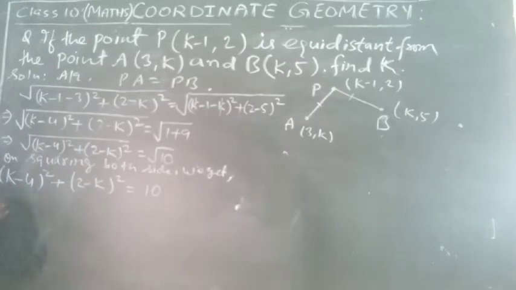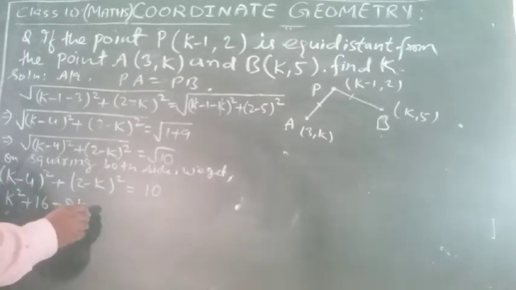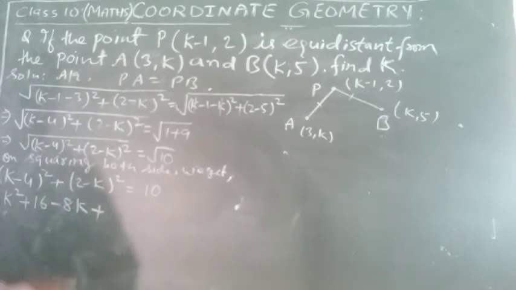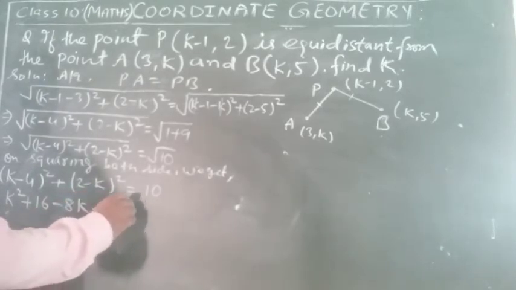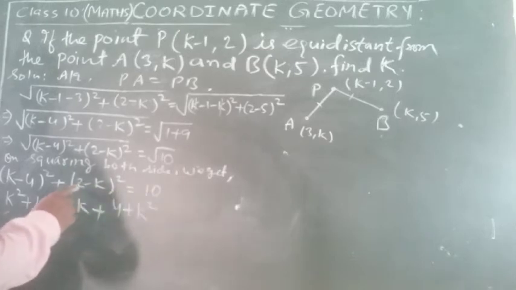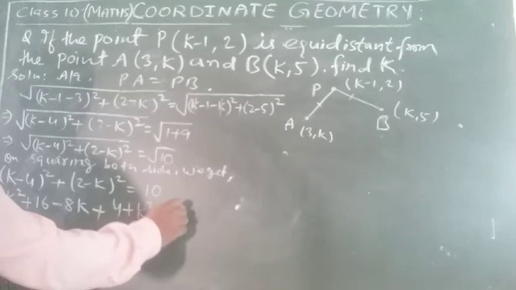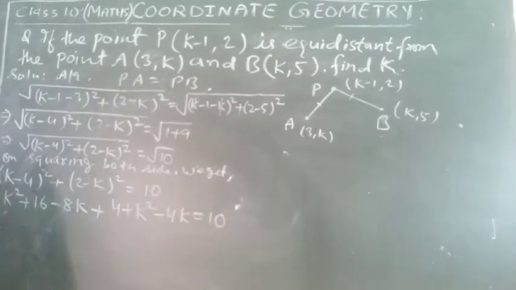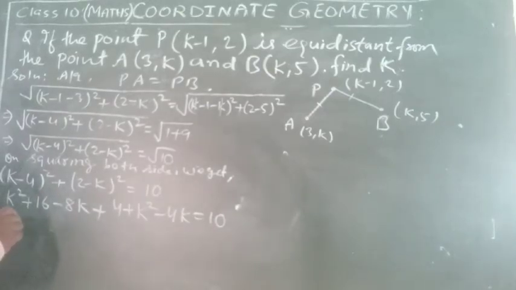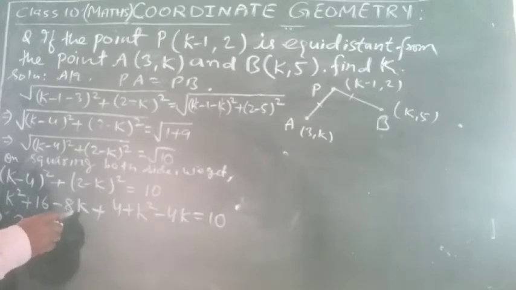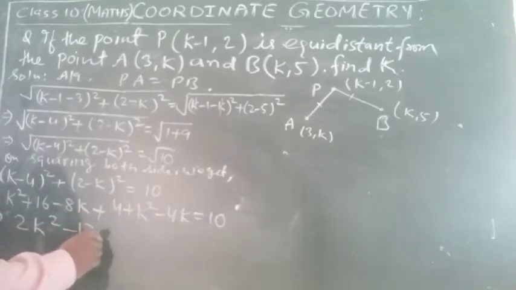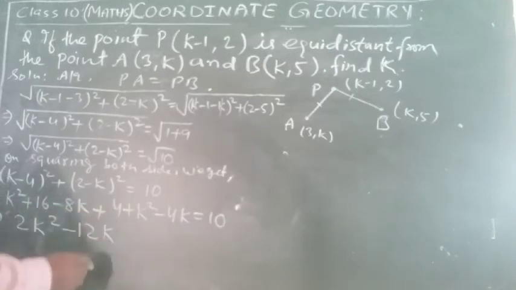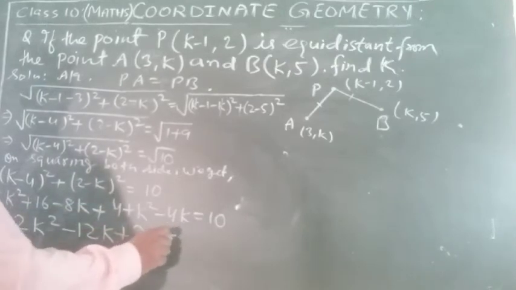Just expand using the formula (a minus b) whole square. A square, 4 square 16, minus 2ab, the 2 into k into 4, 8k. Now (a minus b) whole square also here, a square 4, b square k square, minus 2ab, the minus 2 into 2 into k, 4k, equal to 10. K square, it is 2k square. Now minus 8 minus 4, minus 12k, and 16 and 4, 20, equal to 0.